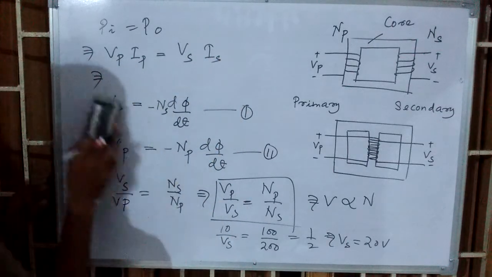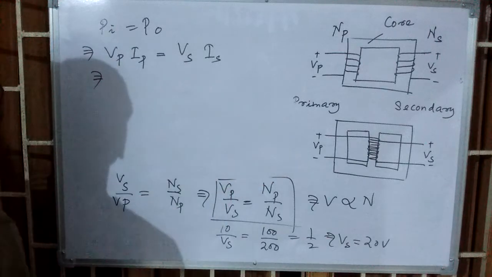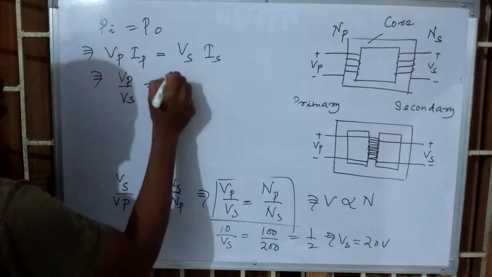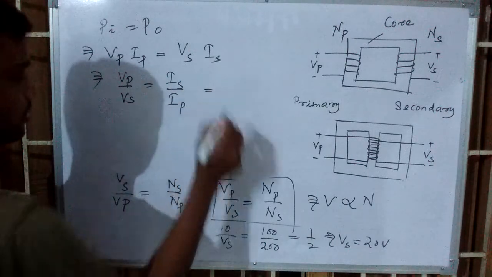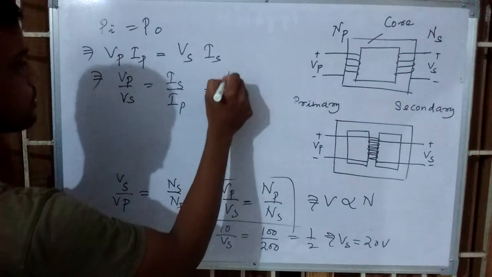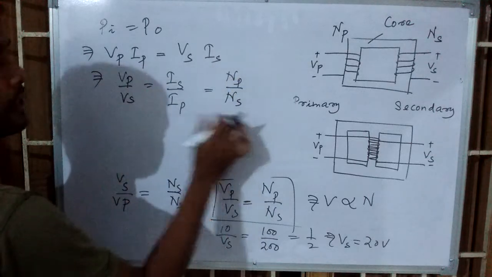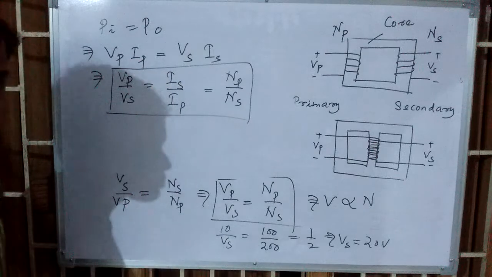This implies Vp by Vs is equal to Is by Ip. This is equal to Np by Ns, because Vp by Vs is equal to Np by Ns. Now this is the final equation of your transformer.